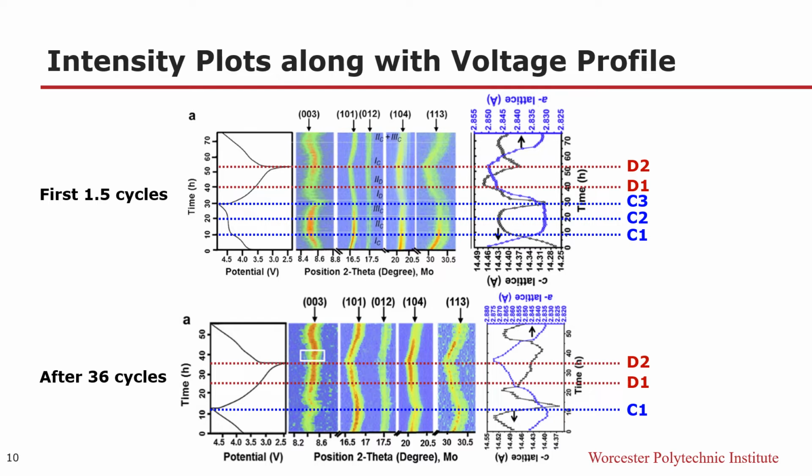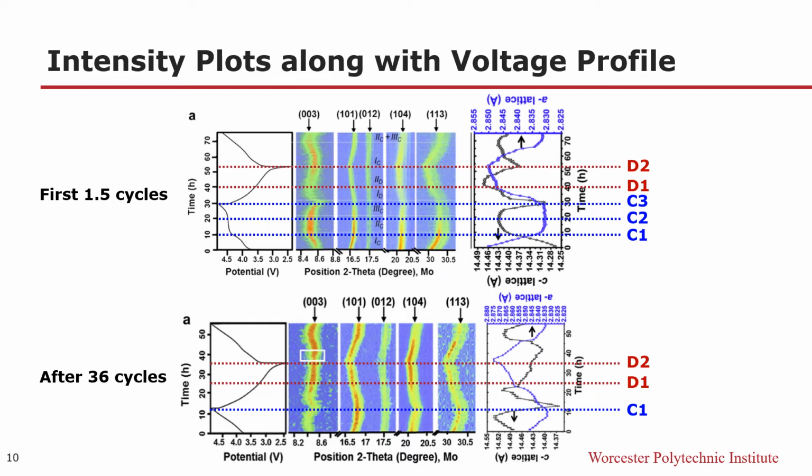In the third charging stage C3, the c parameter decreases, indicating that the lithium ions are being extracted from transition metal layers. In the first discharging stage D1, the c parameter increases, which indicates the expansion of the unit cell along the c axis during lithium insertion into the transition metal layers.